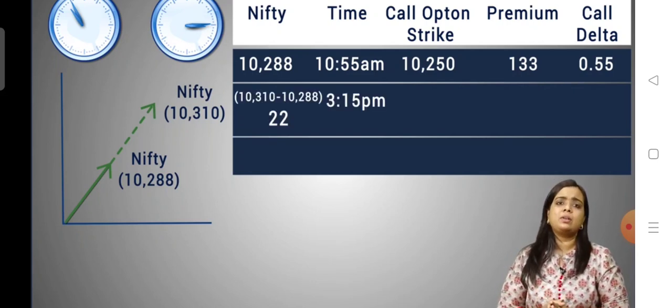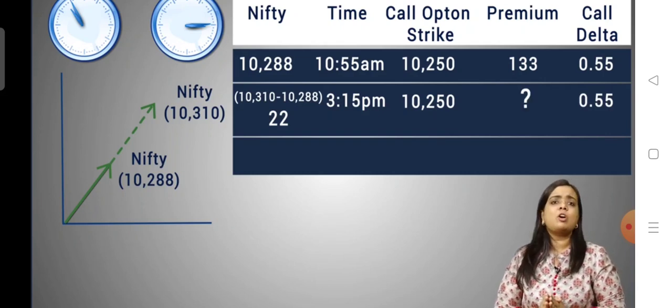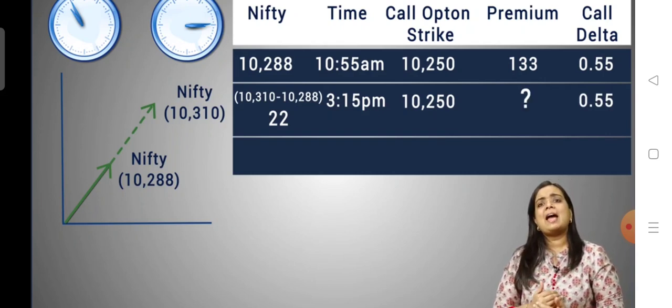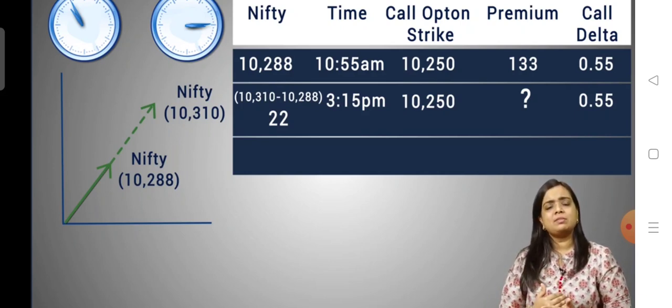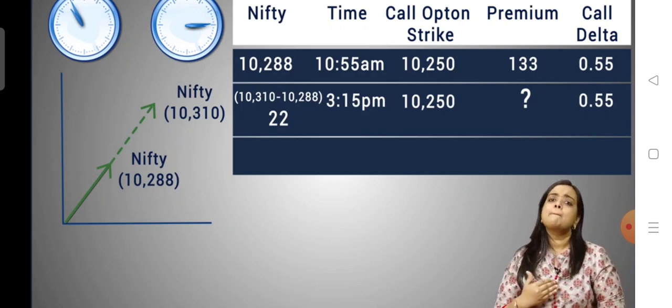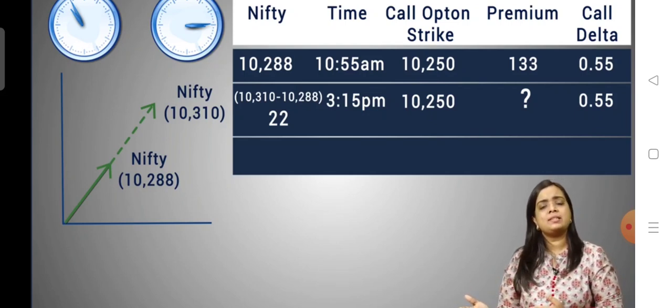It's easy to calculate. We know that the delta of the option is 0.55 and we are expecting the underlying to change by 22 points, that is 10,310 minus 10,288, which gives us a difference of 22 points.